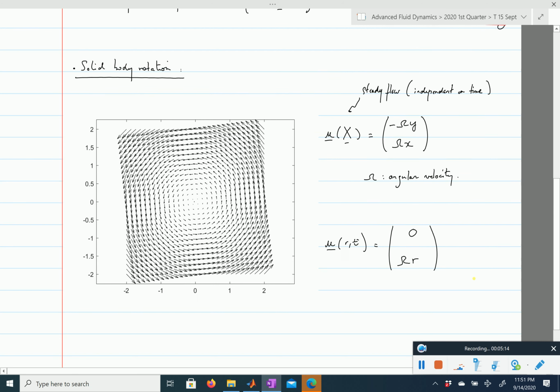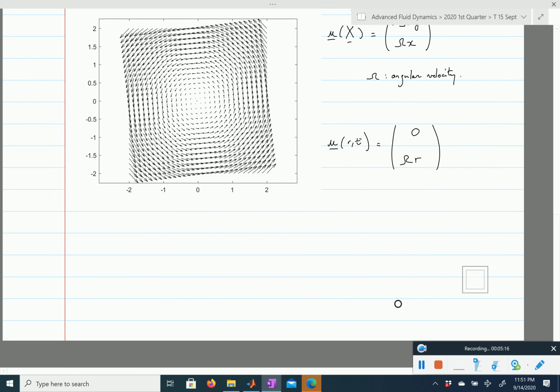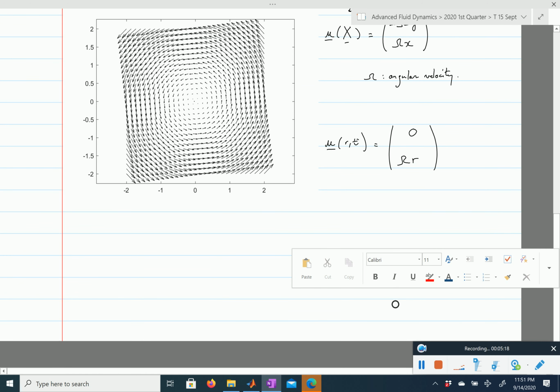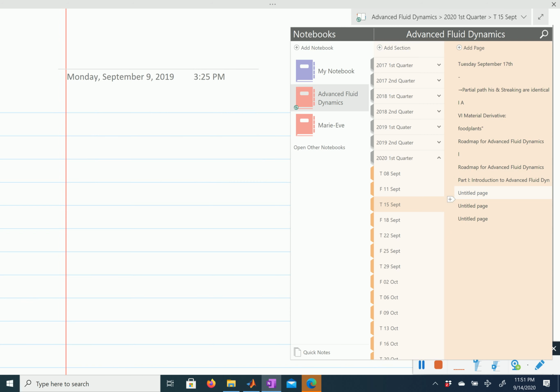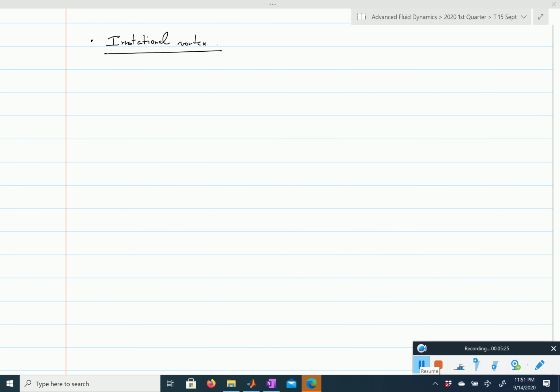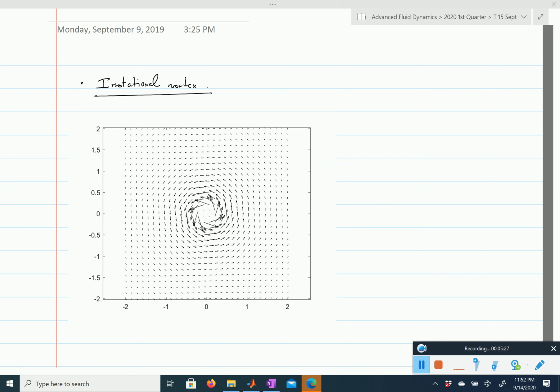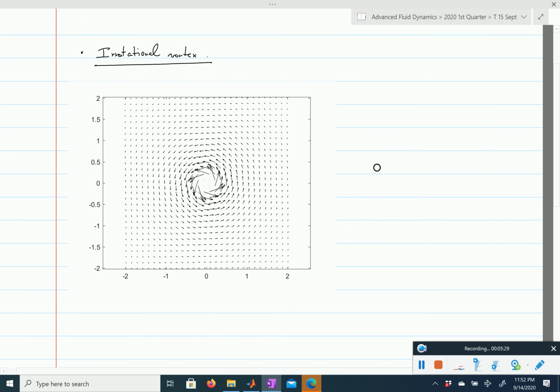Another flow field that we will see a lot is the irrotational vortex. Here is what the velocity field looks like. This flow is quite easy to recognize because, again, if you look at the flow velocity, so this is the vector field, again at every single point we can define the flow velocity vector.